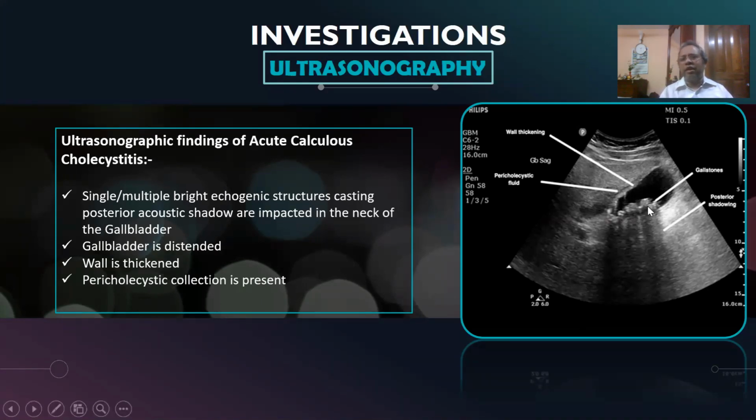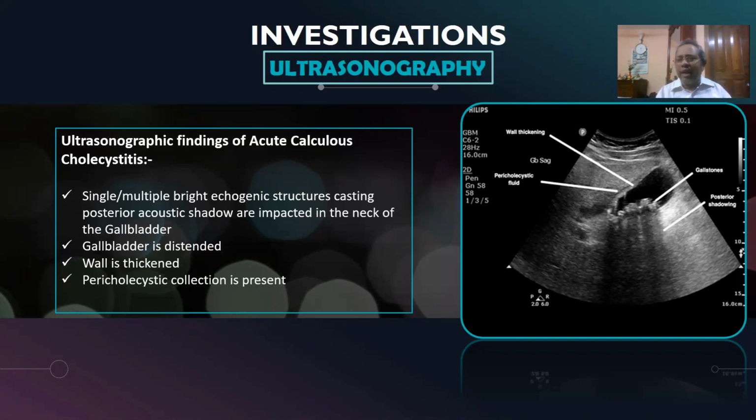Whenever the sound goes back, there is a shadow. Look, there is a shadow behind the echogenic structure. So an echogenic structure with acoustic shadow represents that the patient has a stone within the gallbladder.